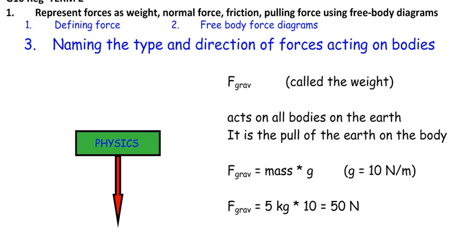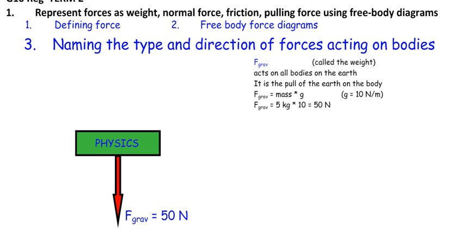We can represent this with an arrow pointing downwards and a label for the size of the force, 50 newtons. The weight of the body acts all the time, wherever it is, even if the body is in the air or at rest on a table.